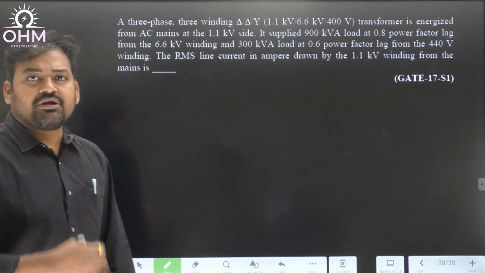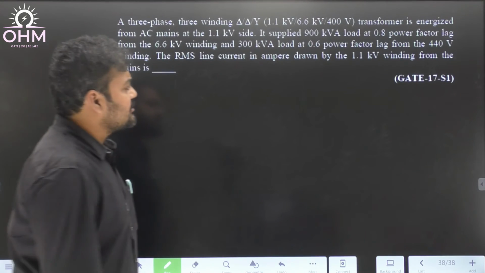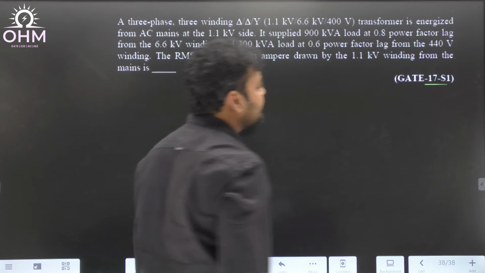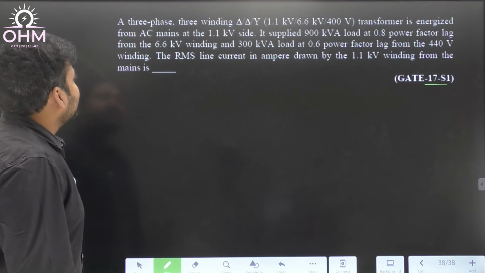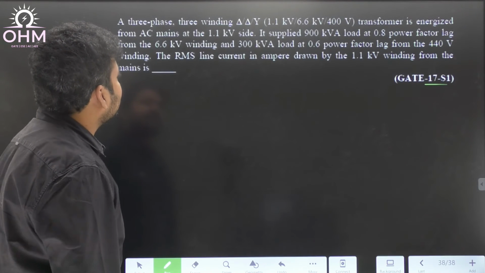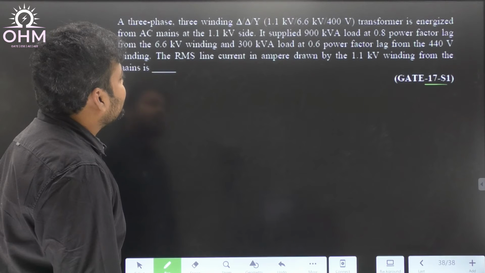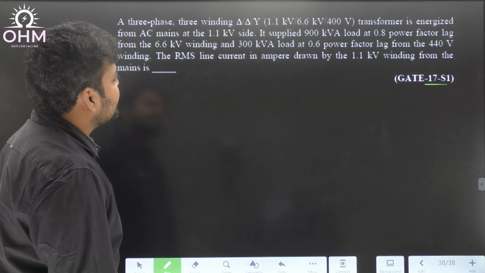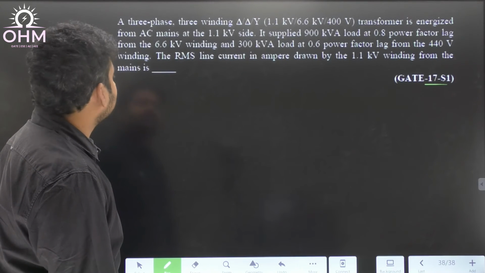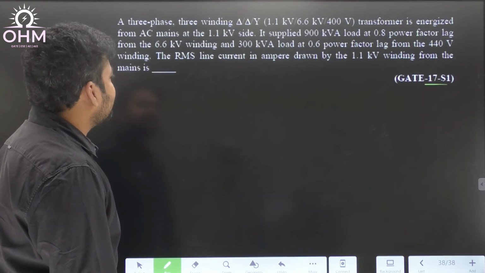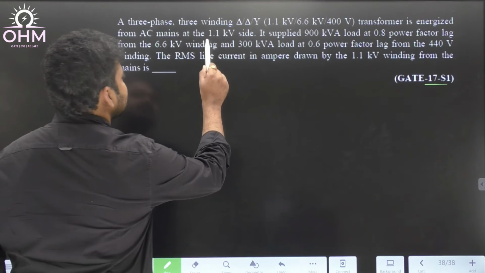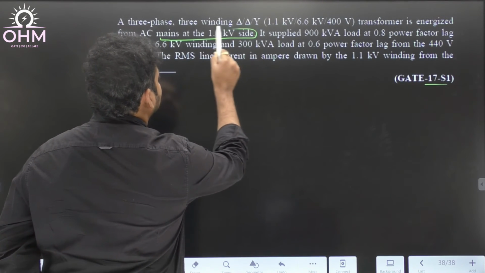Okay. All right. Let's move to the next question. This is a question from the GATE 2017 paper. Just read the problem. A 3-phase, 3-winding delta star 1.1 kV by 6.6 kV by 400 volt transformer is excited from AC mains at the 1.1 kV side. See, supply was at the 1.1 kV side.